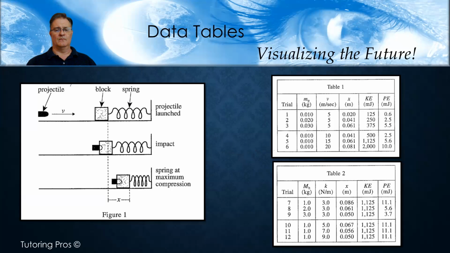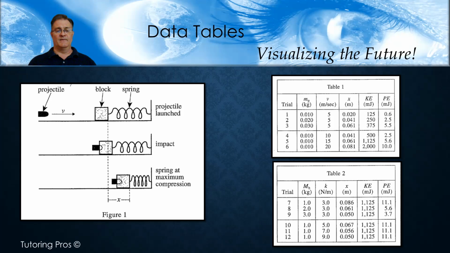So here's an experiment that somebody has put together, that they have a projectile or a bullet that has been fired towards a block and spring system. And you'll notice they're wanting to measure the distance that the block and spring system compress once the bullet hits it.